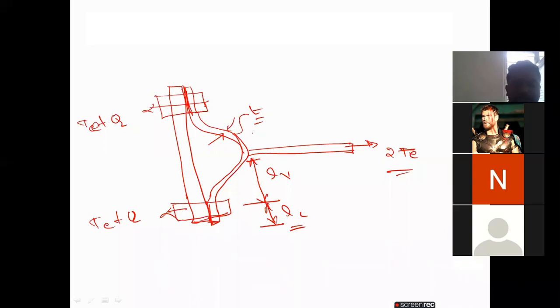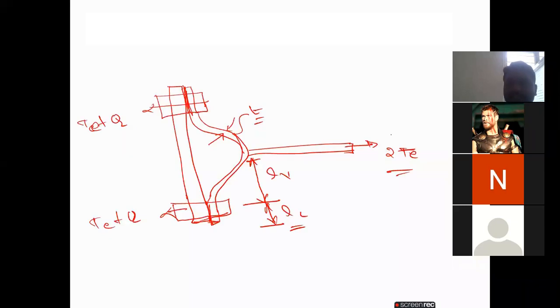Okay, before that, this is the tensile force on the flange of the T section, this is the T section I have drawn here. It bends, you see, it is bent in the middle portion. So whenever it bends, at the edges here and here, these two are pressing near the bolts.